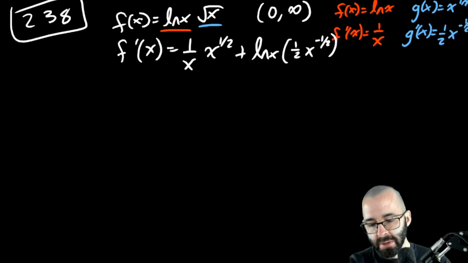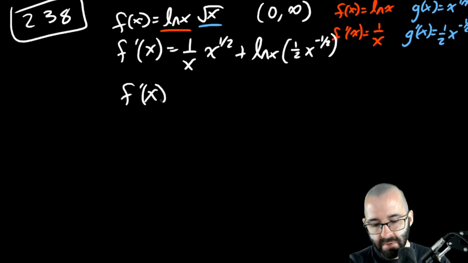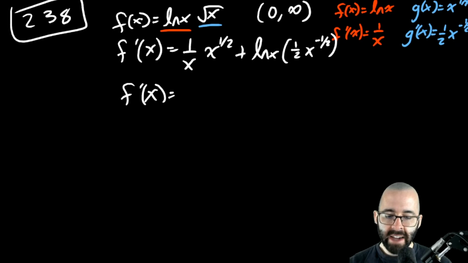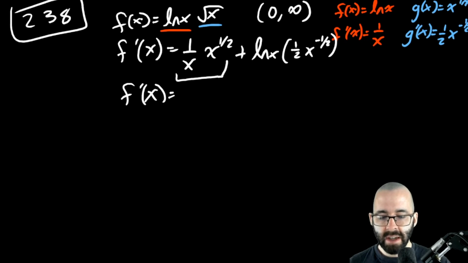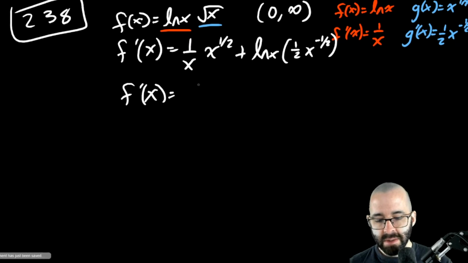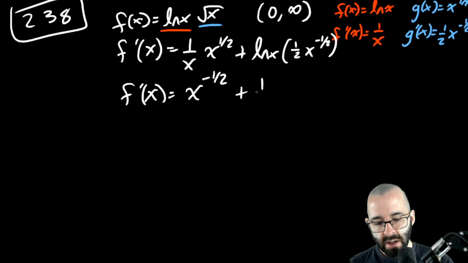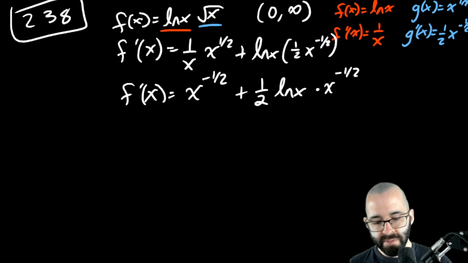And we can clean this up a little bit. This is x to the negative 1 times x to the 1/2. Add the exponents, you're going to get x to the negative 1/2, plus 1/2 natural log of x times x to the negative 1/2.